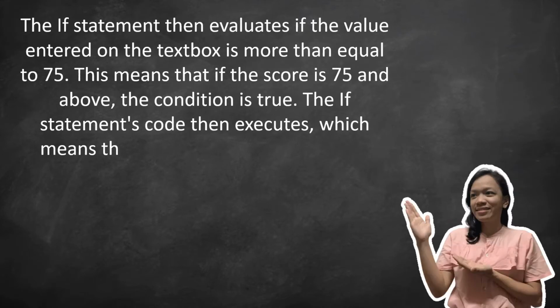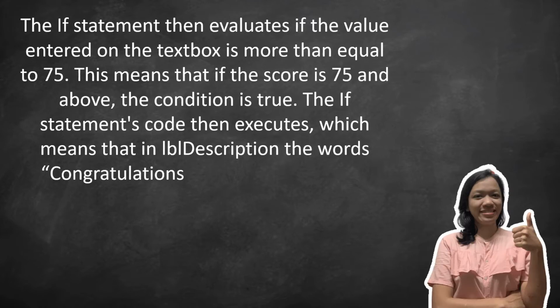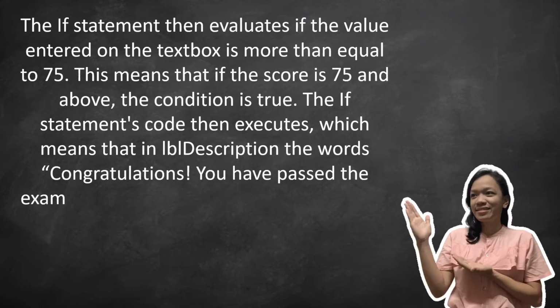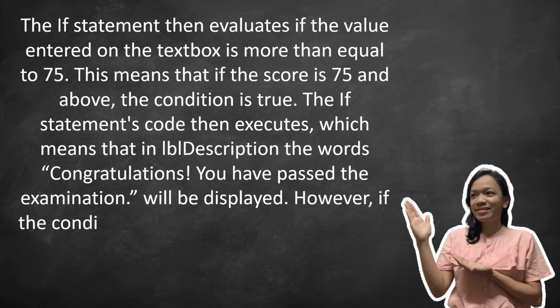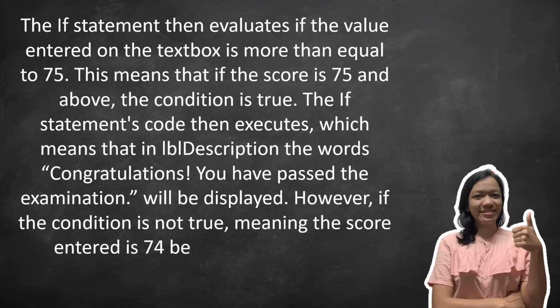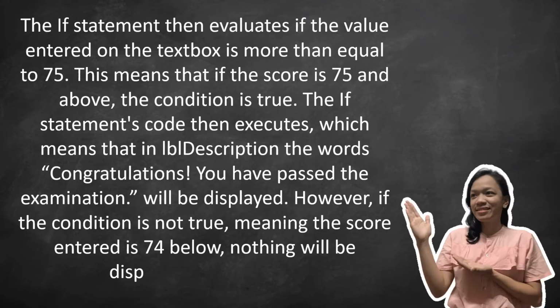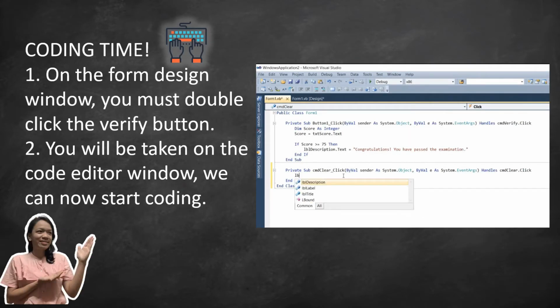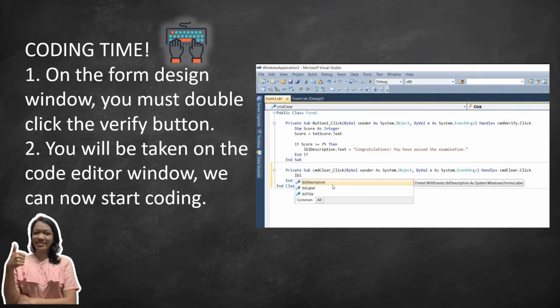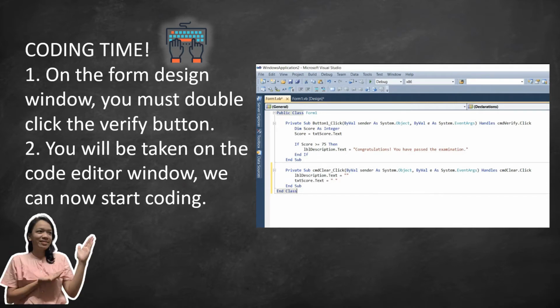The if statement's code then executes, which means that in lblDescription, the words "Congratulations, you have passed the examination" will be displayed. However, if the condition is not true, meaning the score entered is 74 and below, nothing will be displayed on the label. After that, you can also add a code in clearing the data in our program.